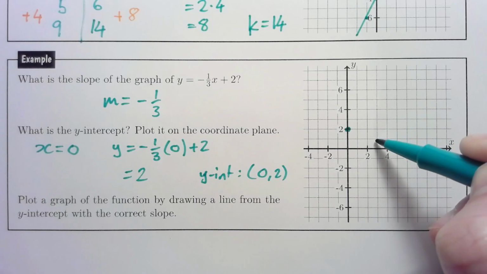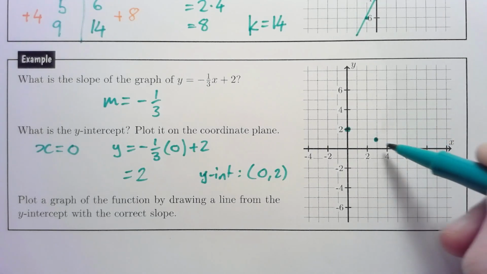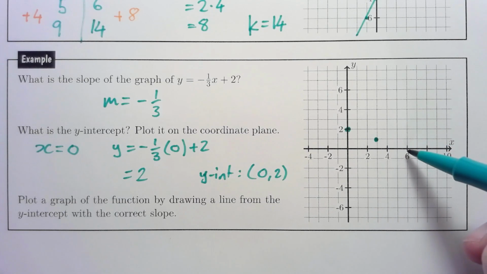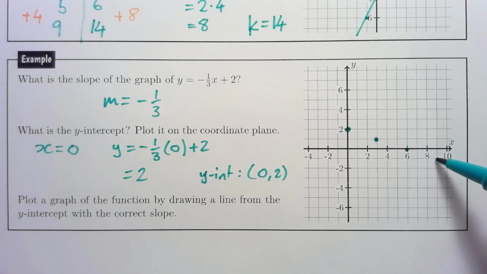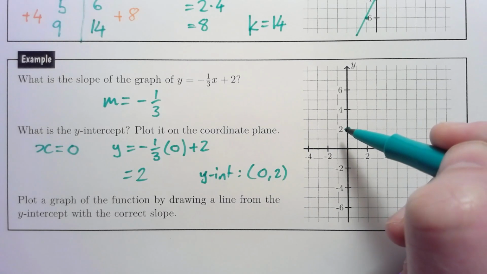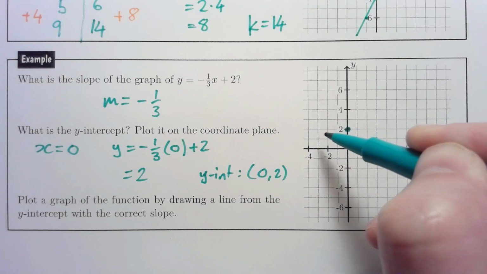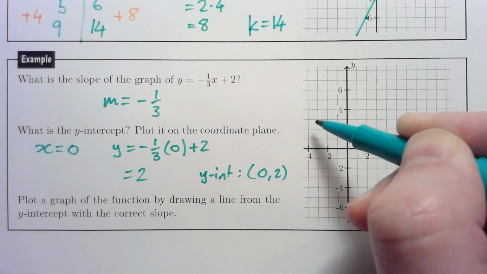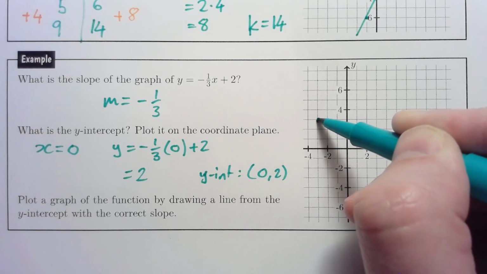We'll have to go 1 unit down. 3 to the right, 1 unit down. Now I want to go back the other way to get one more point. So if I go 3 units left, because I'm going the opposite, I'll need to go 1 unit up.